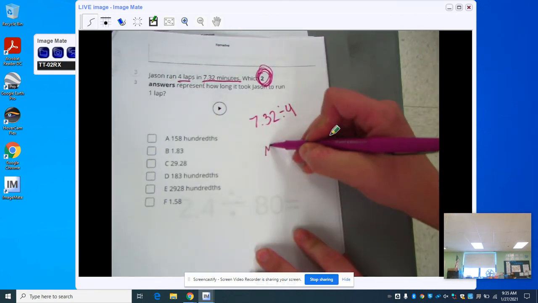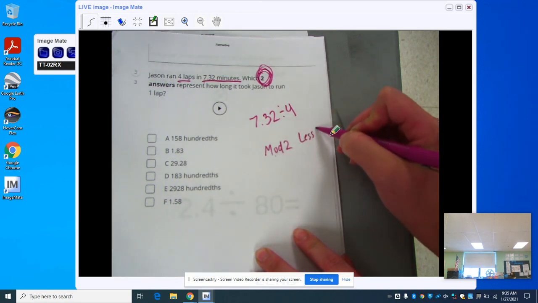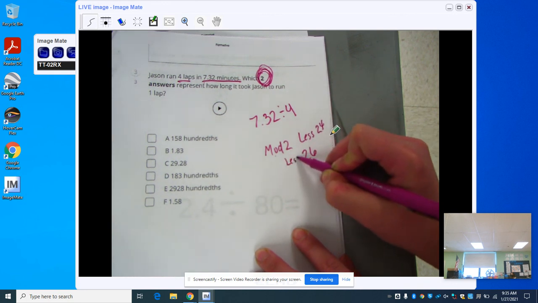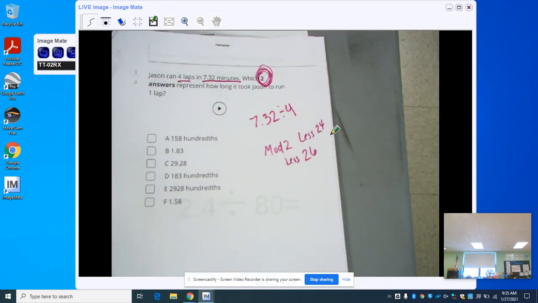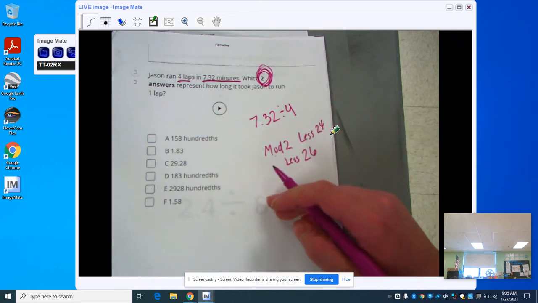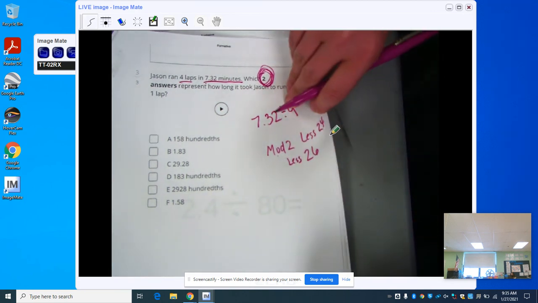You want Module 2, Lesson 24, and Lesson 26. Both lessons will help you. Here's a hint. How can you change the answer to say it without a decimal? AKA, say it as tenths or hundredths.